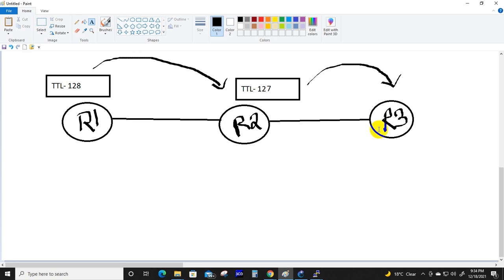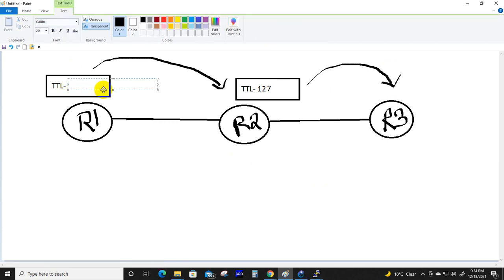The router which receives a packet with TTL value 1, when it tries to forward that packet to another router, the TTL value becomes 0, then that router will discard the packet. Suppose R1 forwards this packet to R2 with TTL value 1.